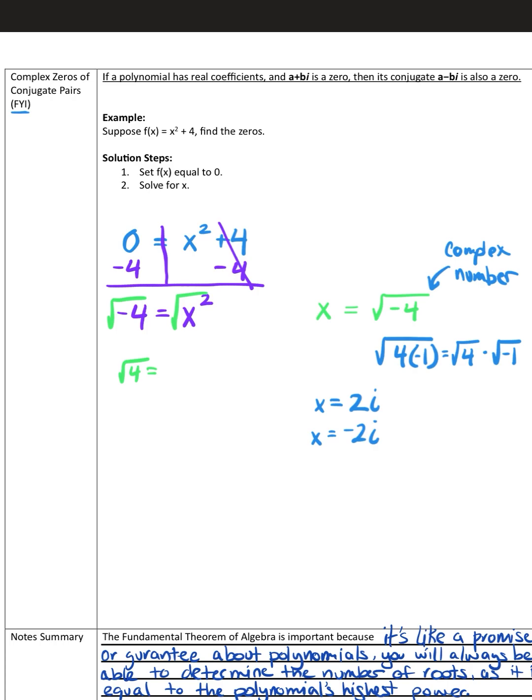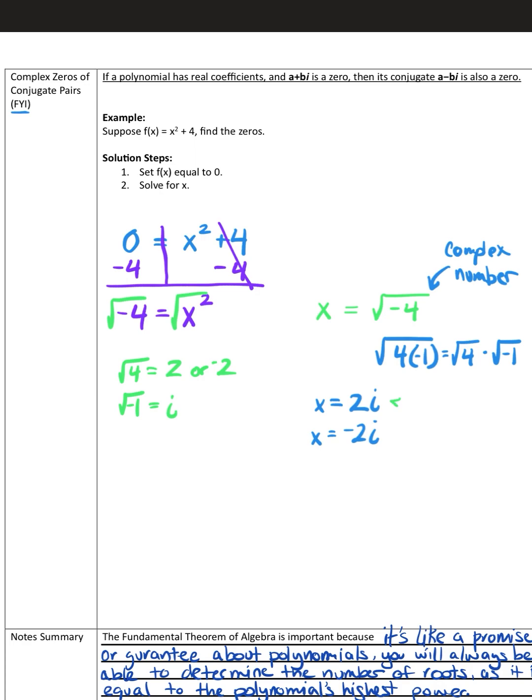The square root of 4 can equal 2, or it can equal negative 2. And the square root of negative 1 is always equal to i. So what the conjugate pair theorem tells me is that even if I only found this 2i, x equals 2i, then this conjugate pair, negative 2i, would also be a root.